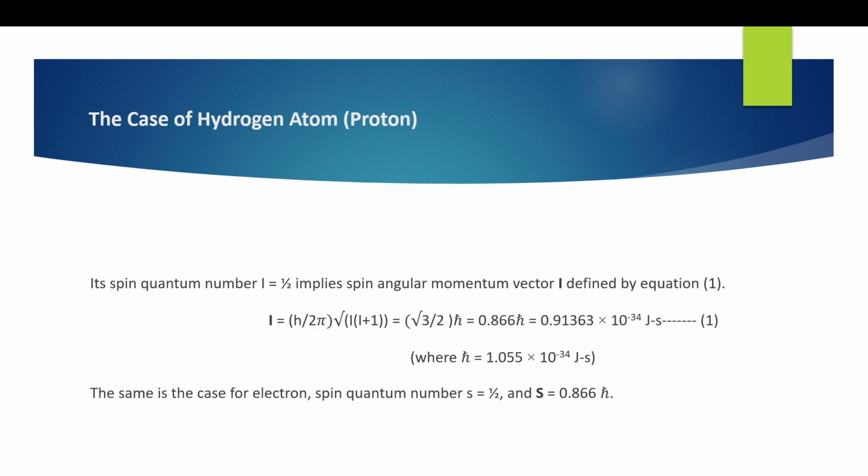It gives root 3 by 2 h cross, equal to 0.866 h cross. Putting the value of h cross, it becomes 0.91363 into 10 to the power minus 34 joule second. The same is the case for the electron, where the spin quantum number is half, and the spin vector is 0.866 h cross. I have included this for comparison purposes.